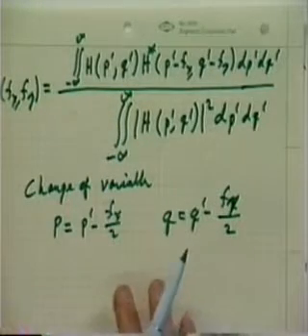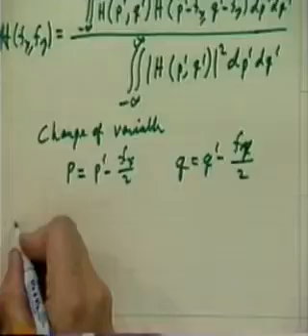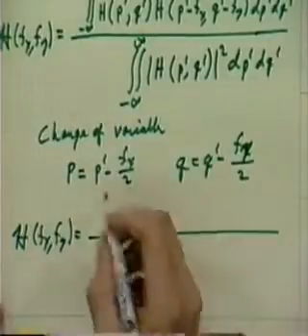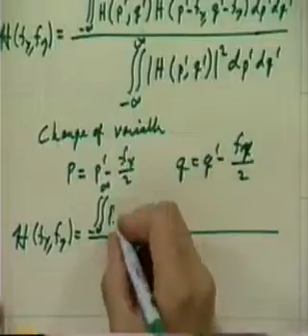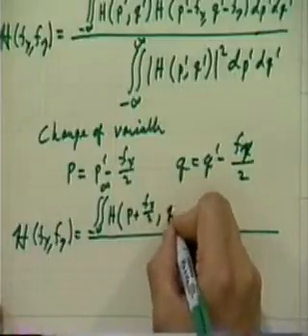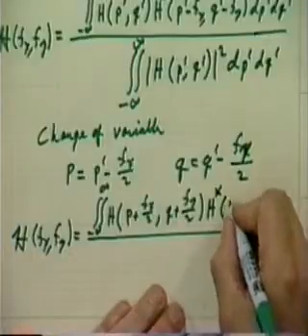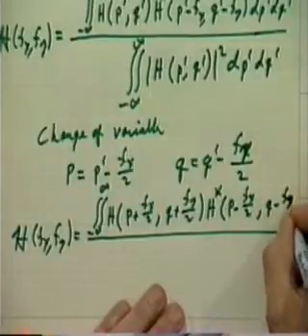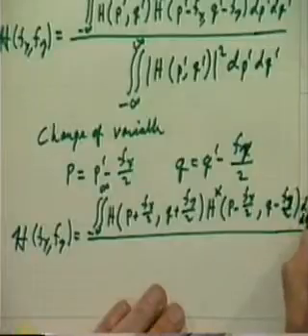We plug that back in, and we end up with a more symmetrical relationship: the OTF of f sub x, f sub y is equal to the integral of the coherent transfer function H of p plus f sub x over 2, q plus f sub y over 2, times the complex conjugate of H of p minus f sub x over 2, q minus f sub y over 2, dp dq.